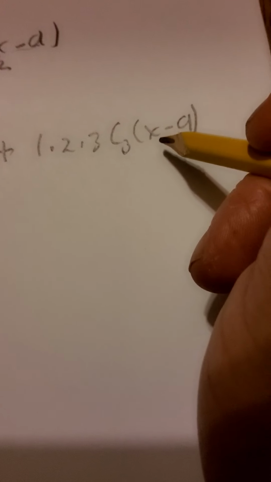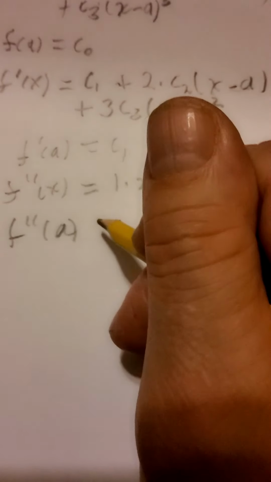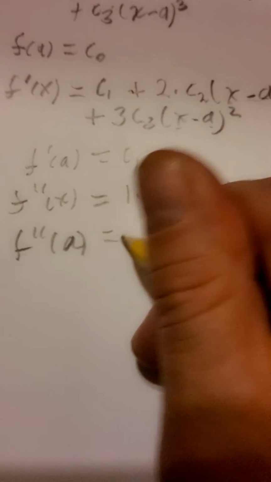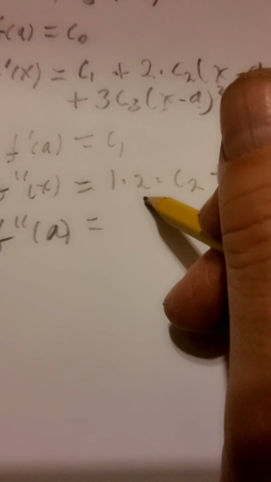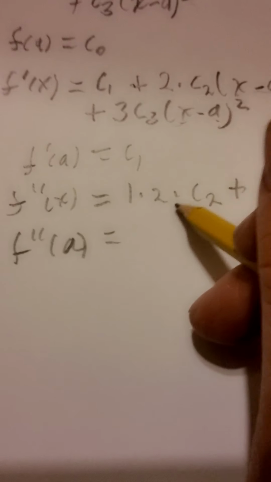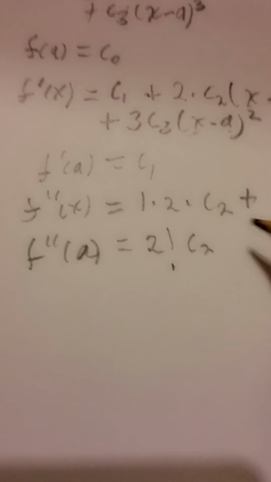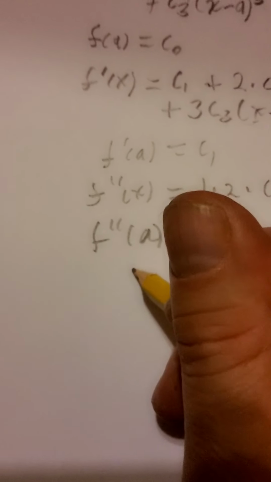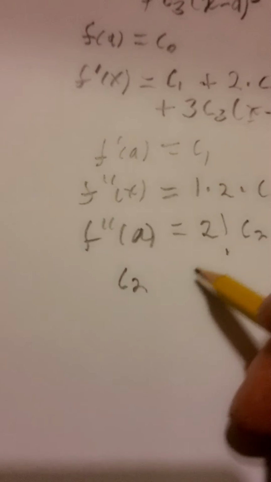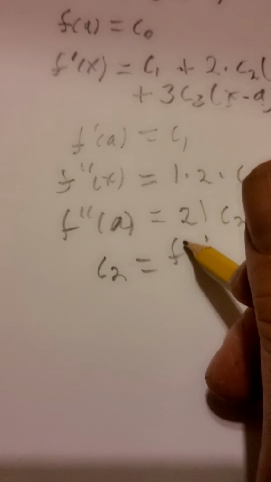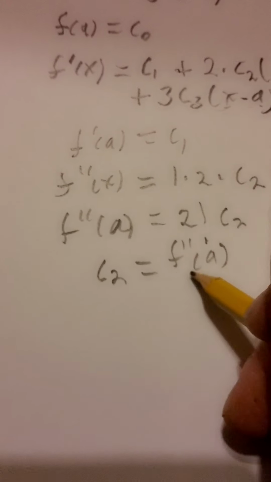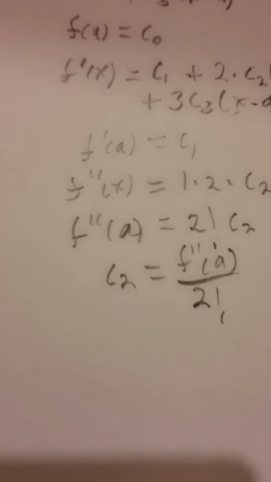I don't even have to write it out because in all the x minus a's, if x equals a, it's going to go to 0, right? So f double prime of a is going to equal 1 times 2 times c2. 1 times 2 turns out to be 2 factorial times c2. So you could say c2 equals f double prime of a divided by 2 factorial.